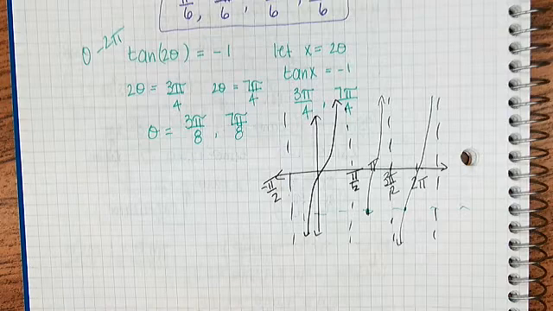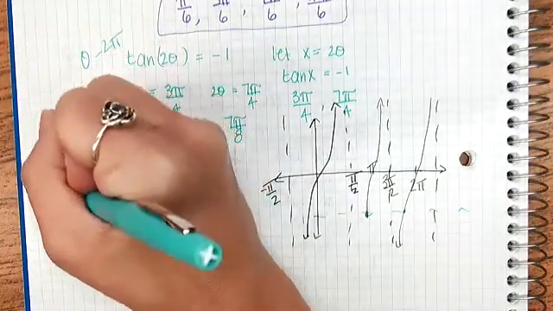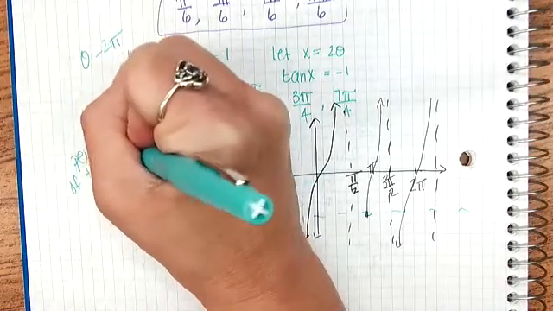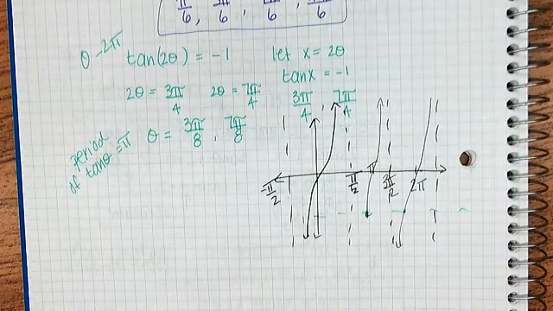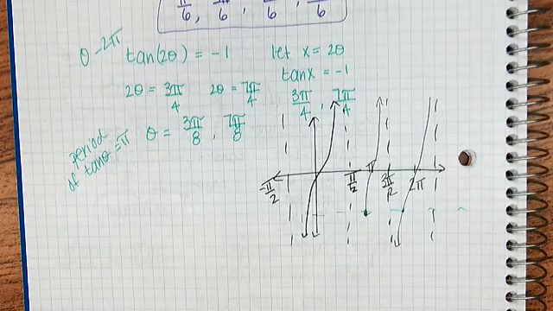So if the period of tangent is pi, I need to add pi to my answers.